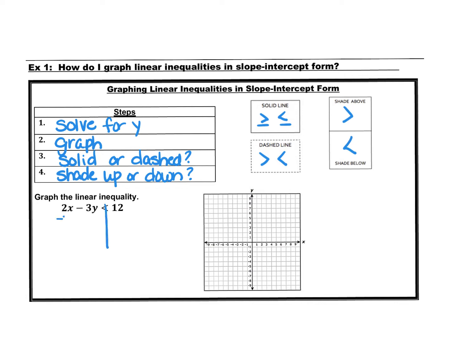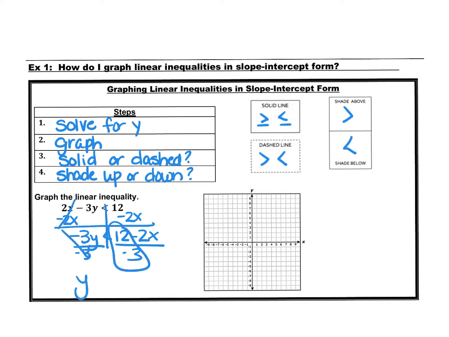I'm going to start by solving for y. So y is, I just divided by a negative, so I had to flip my sign. Negative 4 plus 2 all over 3x.